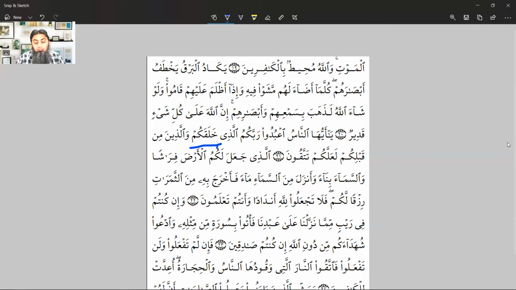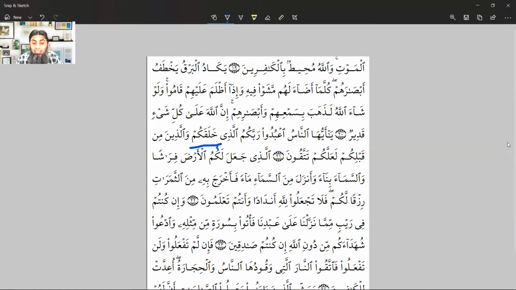And anzala, and sent down. Before that, Chazeb bhai, this wow is connecting this next sentence to what? Alladhi. So basically, excellent.